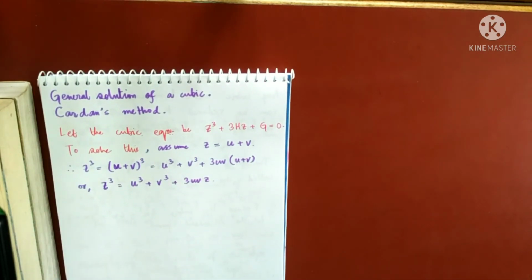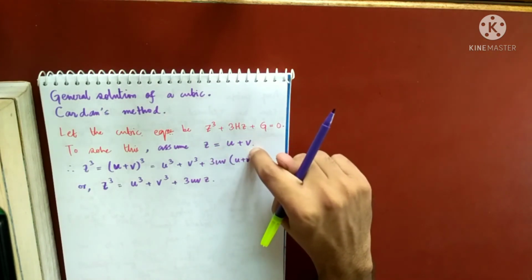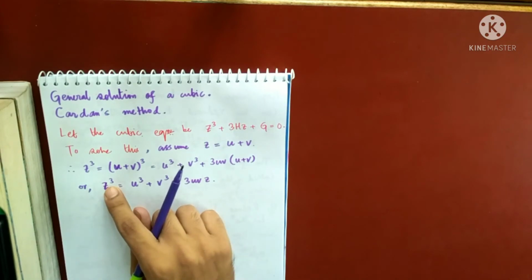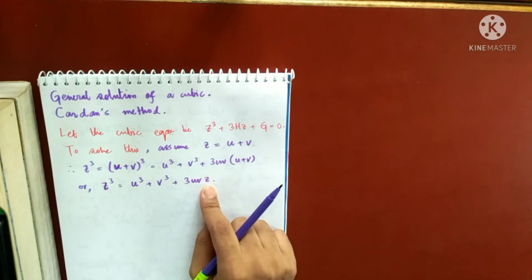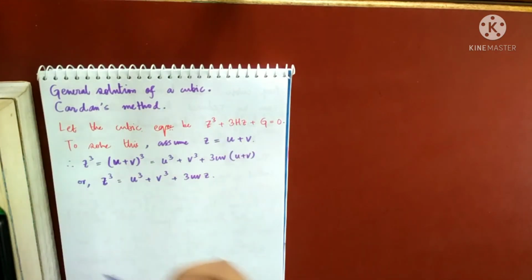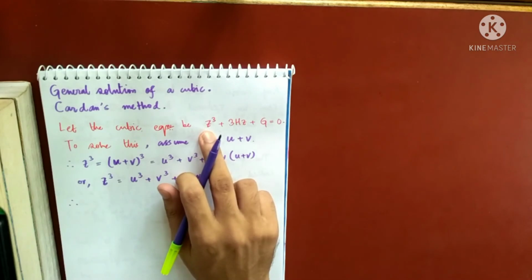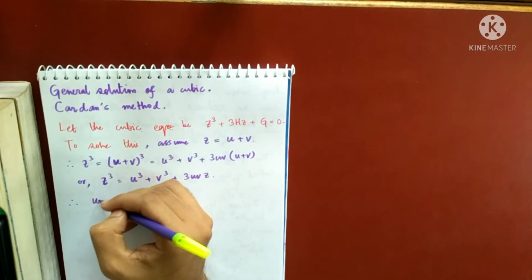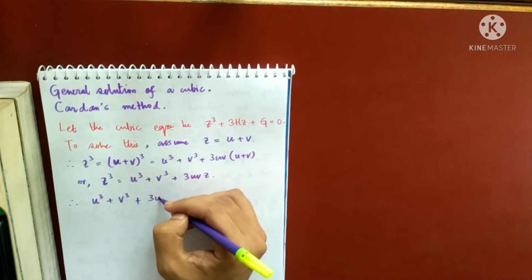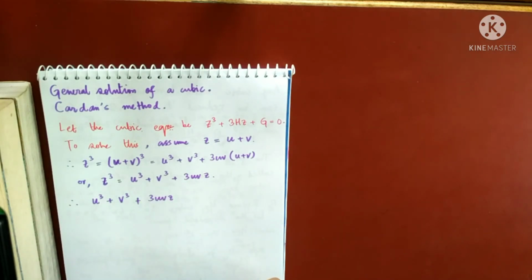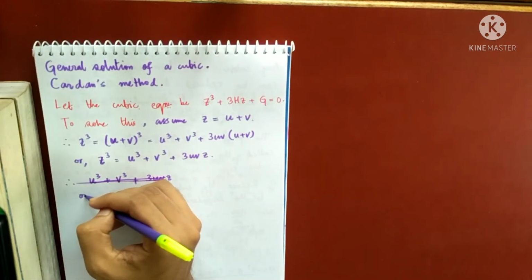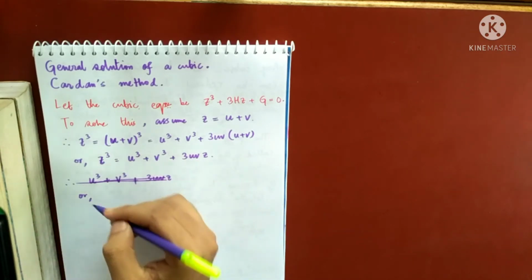So Cardan said, you put z equals u plus v, and then find the value of z cube. The value of z cube will be u cube plus v cube plus 3uv z. Put in the original equation. So therefore what am I getting? Okay, hold on, not like that, sorry. Let's shift everything to the left hand side.